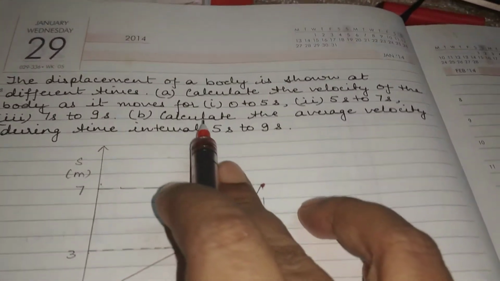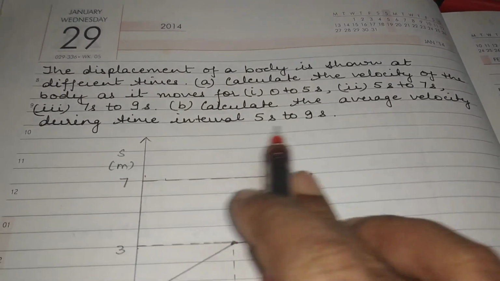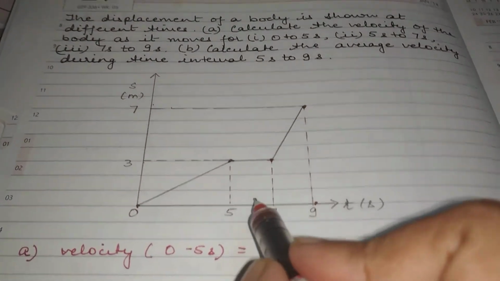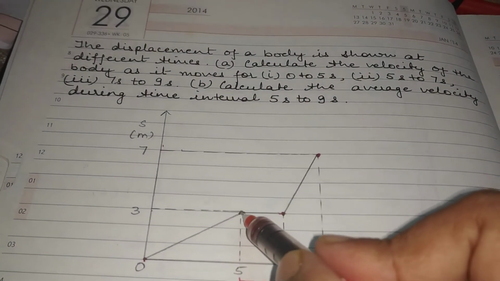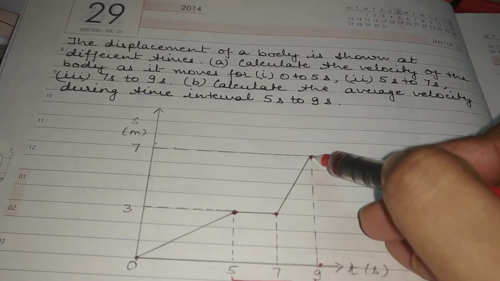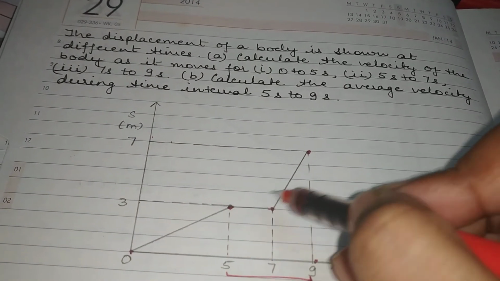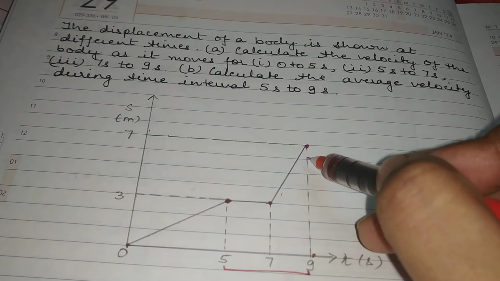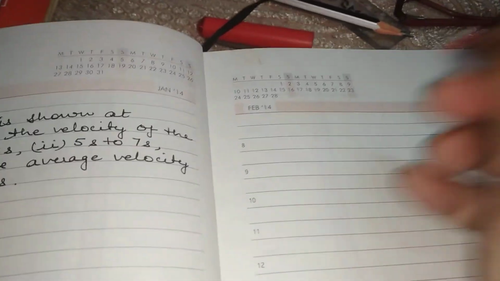Now in the next one, calculate the average velocity during the time interval 5 seconds to 9 seconds. That means the time interval from 5 seconds to 9 seconds. That means the graph begins here and ends here. In this entire region we have to find the average velocity. So what is the formula of average velocity, children?